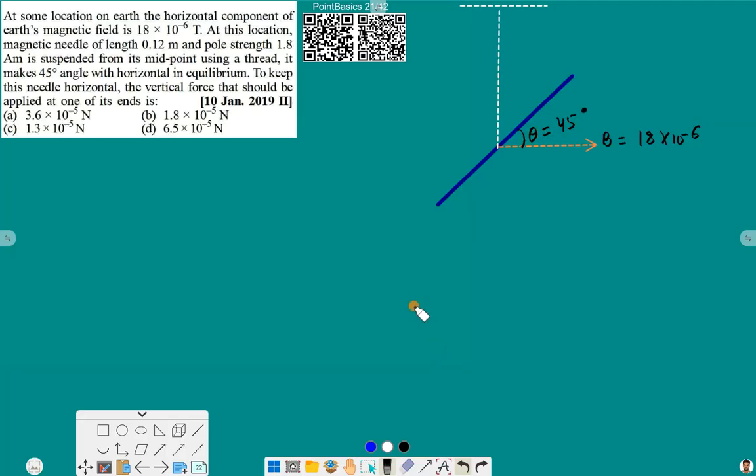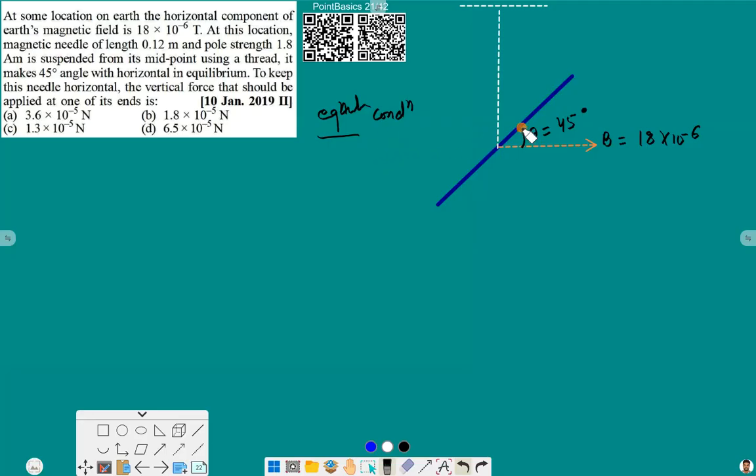Now, as we can see from this diagram and also from the statement, this is the equilibrium condition. In equilibrium, the potential energy of a dipole should be minimum. We have two types of equilibrium of a magnetic dipole in a magnetic field: one is stable equilibrium and another is unstable equilibrium.